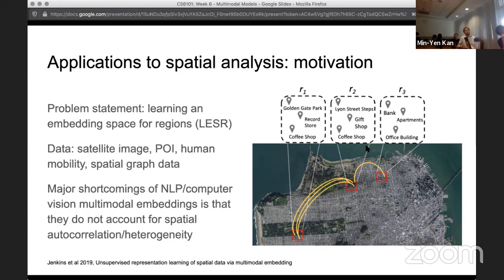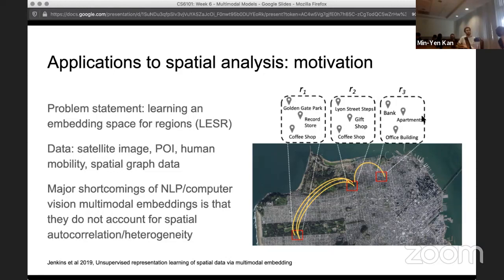But if you look at the descriptions, what people post about it, or a travel guide, you'll see this region is described as having banks, apartments, and office buildings, while regions 1 and 2 are described as having gift shops and tourist attractions.